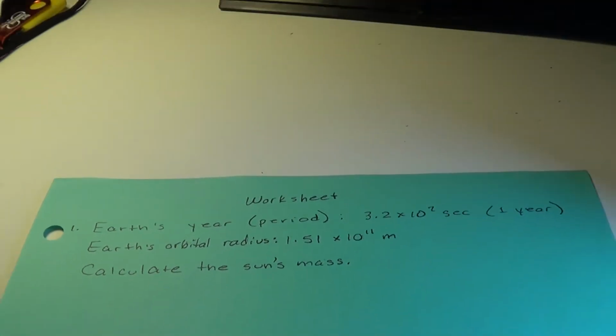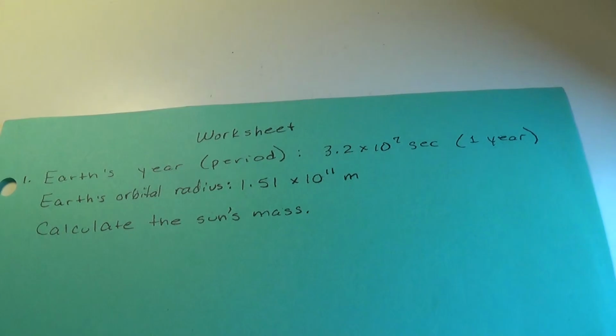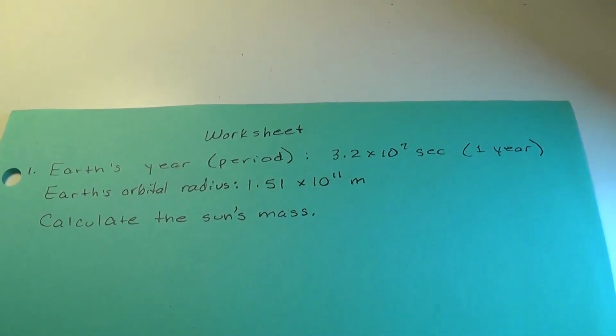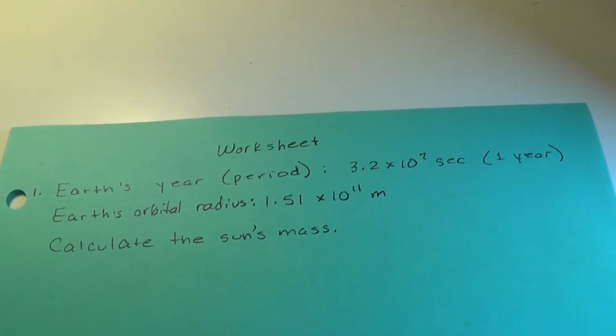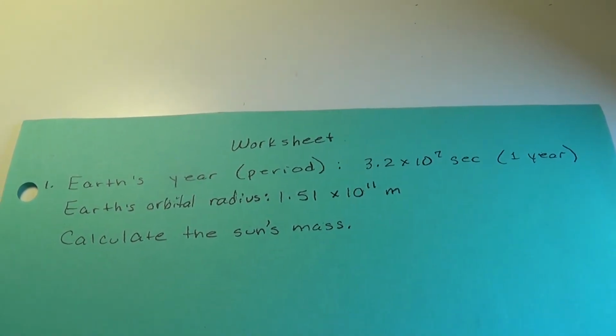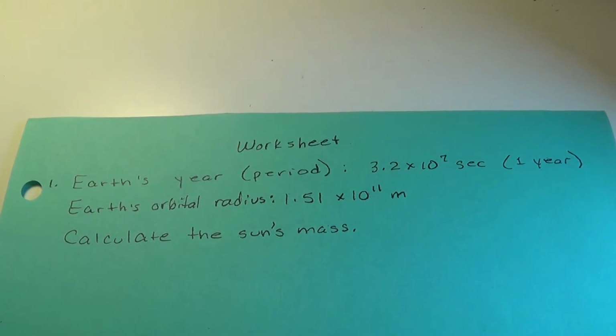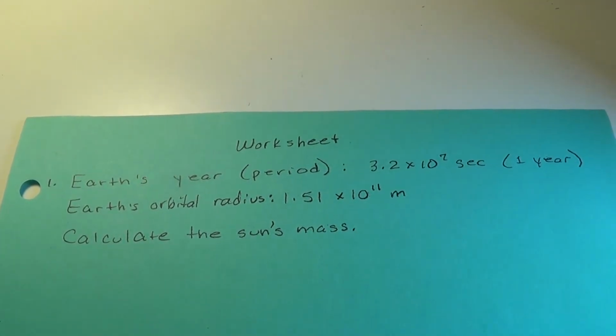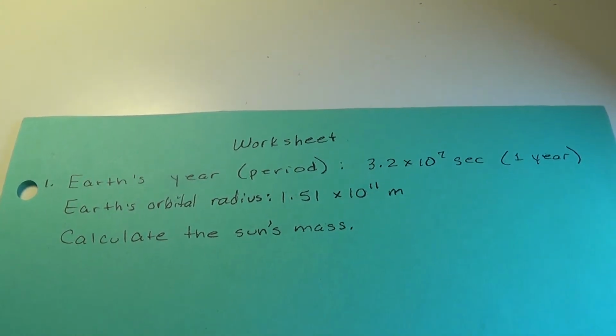On the first one, write this one down. The Earth's year, or period, is given. That's how many seconds are in a year. I bet you were wondering about that. And the Earth's orbital radius is given, and we want to calculate from that information the sun's mass.